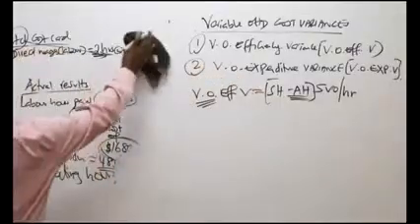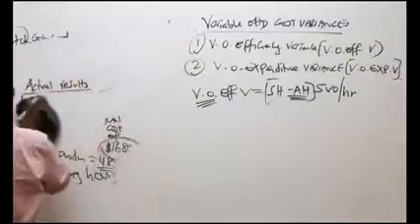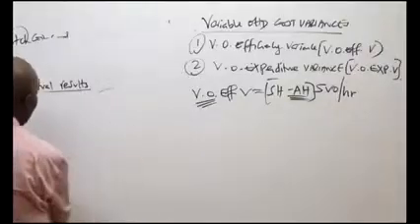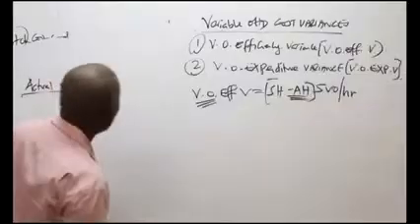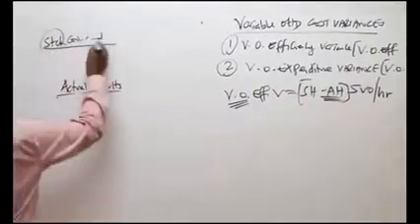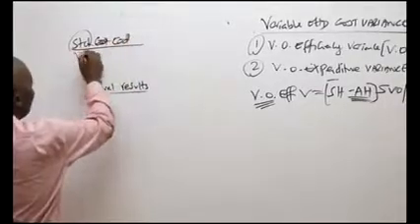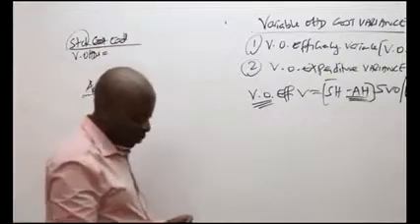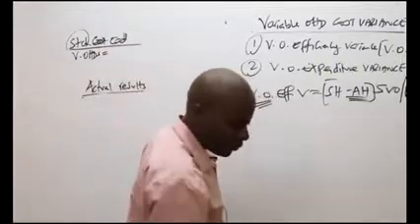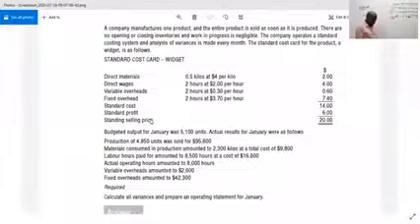So now we are looking at variable overheads one at a time. We have the variable overhead standard cost card. Go to the particular place in the question where they make reference to variable overheads.